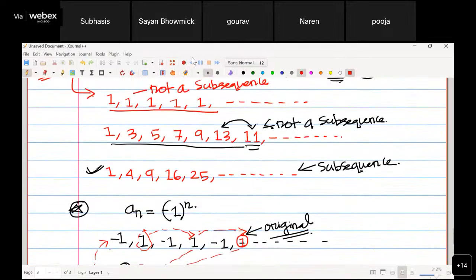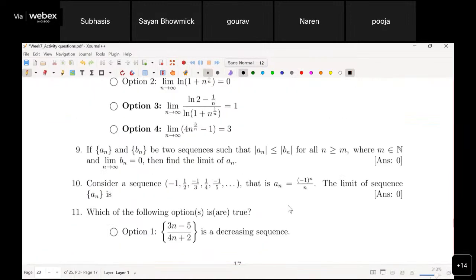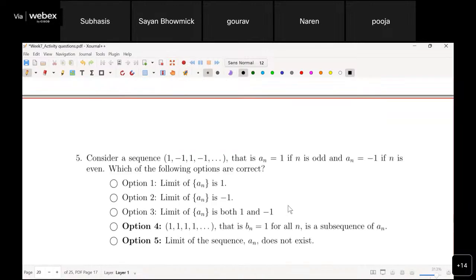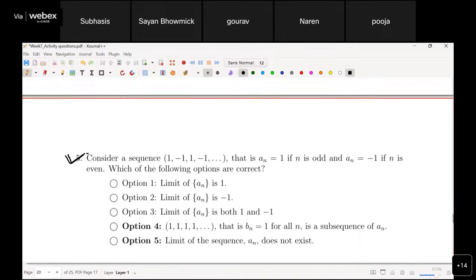So let me solve some questions from the activity part. I solved question number 5 more or less. We know that this is a divergent sequence, so divergent means the limit doesn't exist.